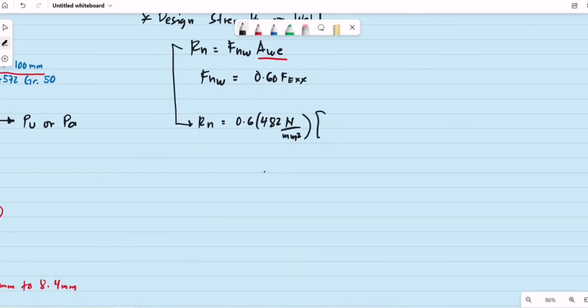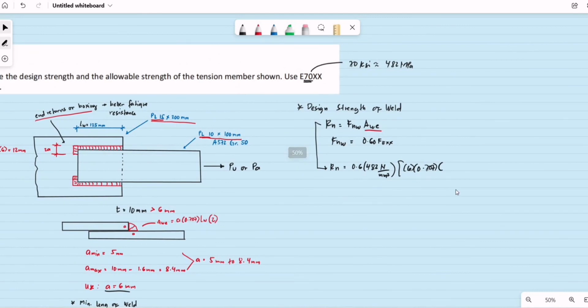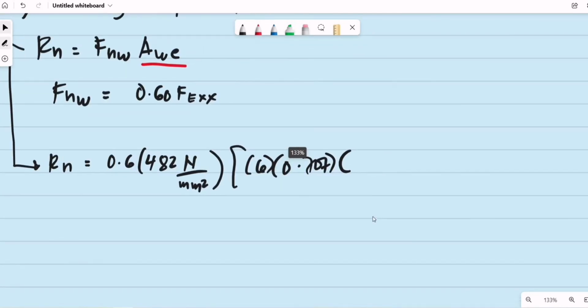So this is multiplied by the leg of the fillet weld, equal to 6 mm, multiplied by 0.707, to be multiplied by the length of the weld, that is equal to 125 millimeters. And take note, we have two lines of weld, so we are multiplying by 2.